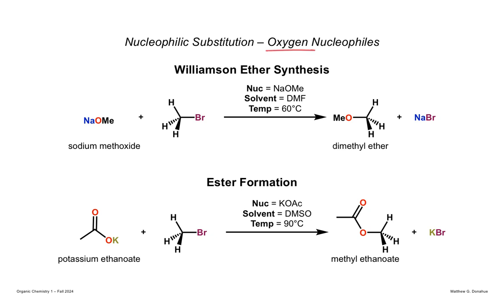So for oxygen, another named reaction is the Williamson ether synthesis. And again, where the lines are going to start getting blurred, especially now until module 5, is really with this type of reagent. So sodium methoxide is a reagent with O minus.